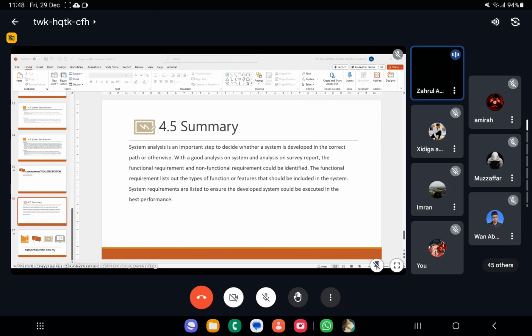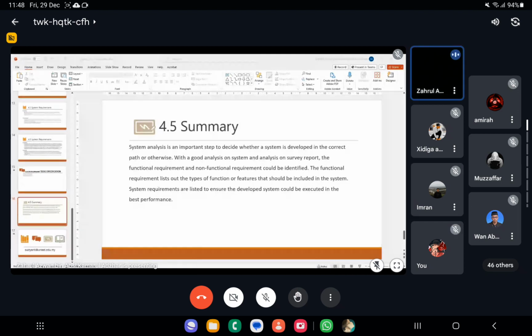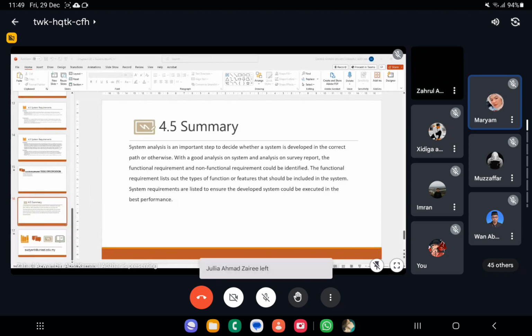So roughly maybe by weeks 8 and 9 you will have finished all the chapters, and you can start writing all your chapters. Boleh tak? Boleh, sir. Is it too fast? Cepat sangat ke? Tak, sir. Even if we finish the chapters in week 8 or week 9, we still have class because I nak tengok you guys punya progress in the class.